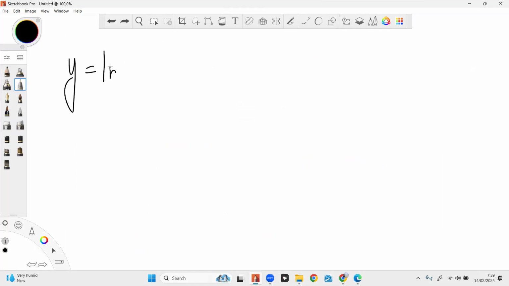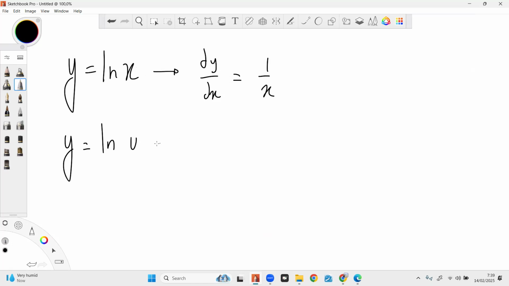Ln x first for the basic: the derivative dy/dx is 1 over x. If I have y equals ln u, the dy/dx is u' over u.